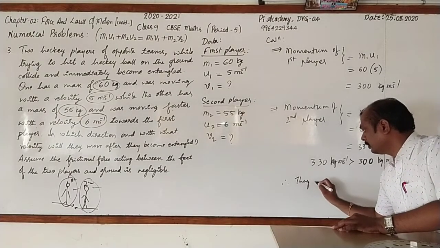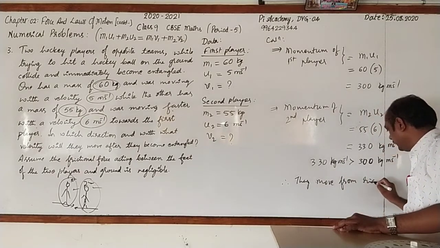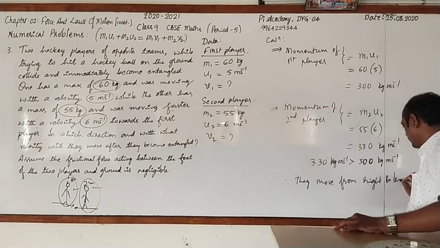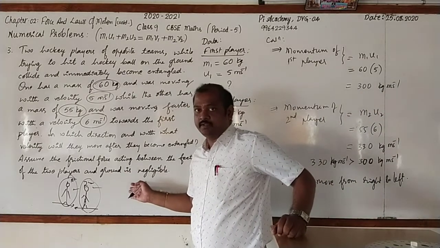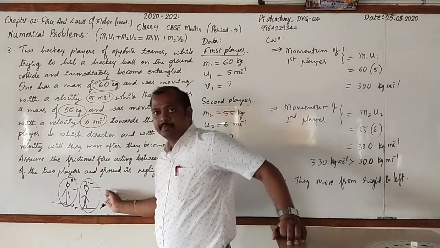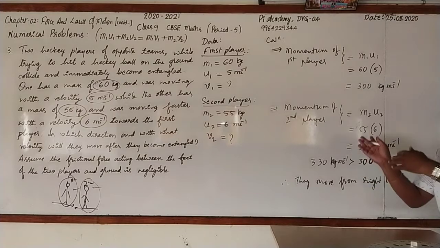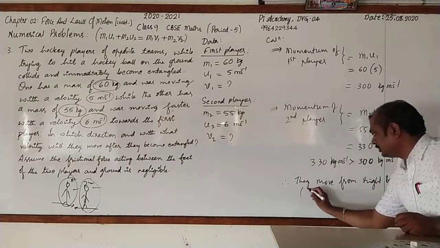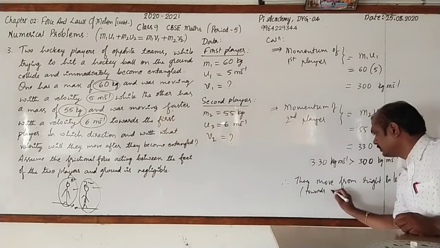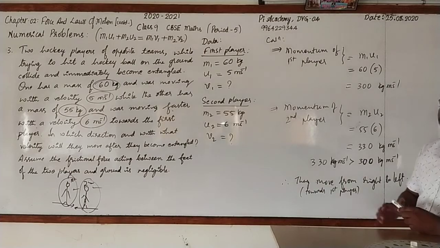They move from right to left, because in the textbook they have given the figure that on the right side the second player is there, and on the left side the first player is there. So after they become entangled, they move together, that is towards the first player. Hope that you have copied up to here.